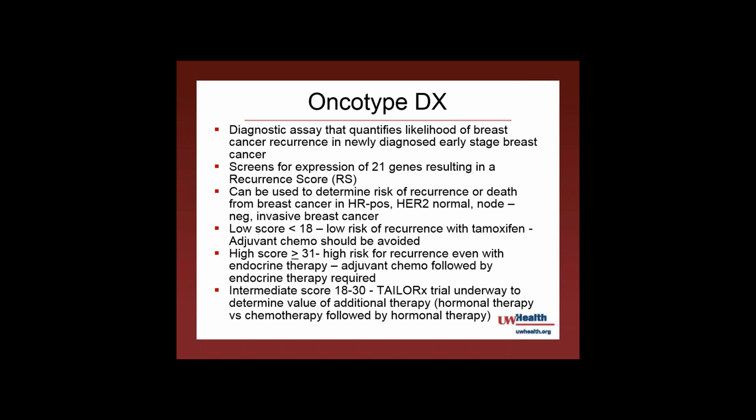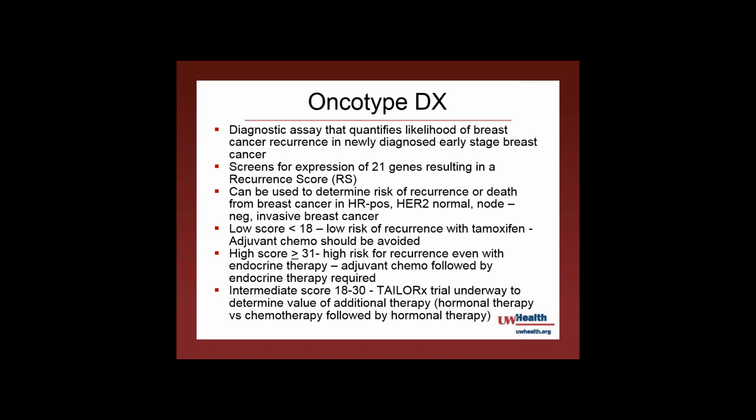So this test screens for the expression of 21 genes, and it results in a recurrence score. It can be used to determine the risk of recurrence or deaths from breast cancer in hormone receptor positive, HER2 normal. And I just want to mention on HER2, it's reported often or in old data as positive or negative, and we hardly ever use that term anymore, although some of the assays do report as positive or negative.